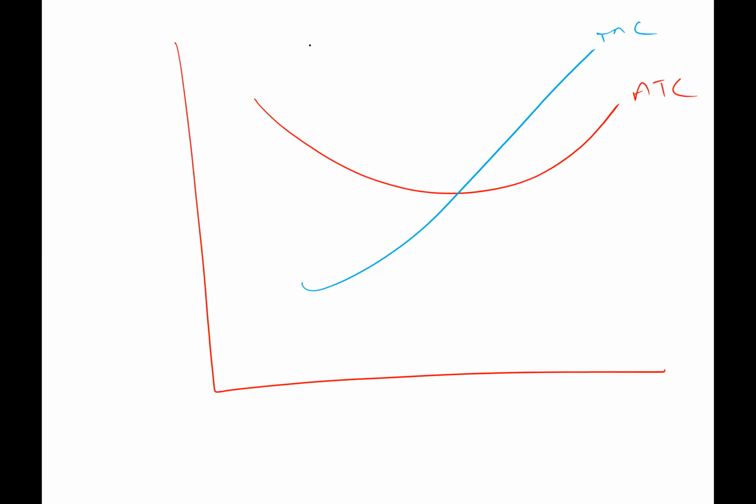Here. So if you are producing at this point, this is MC, and this is every total cost. So at this point, every total cost is greater than MC, right? Guys, are you following me?